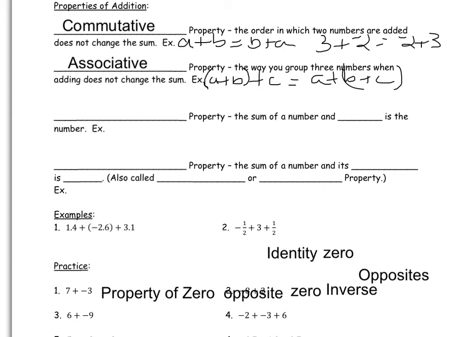Numerically, you could have negative 5 plus 6 plus 2. You add negative 5 plus 6 first, get 1, add 2, and you'd get 3.